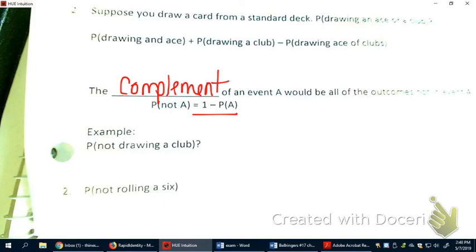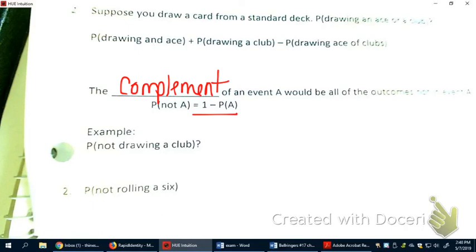So, example, the first one says probability of not drawing a club. Okay? How many clubs do we have? 13. So if I don't want to have a club, how am I going to figure it out? I want to subtract 52 minus 13 to figure out how many are not clubs. Okay?